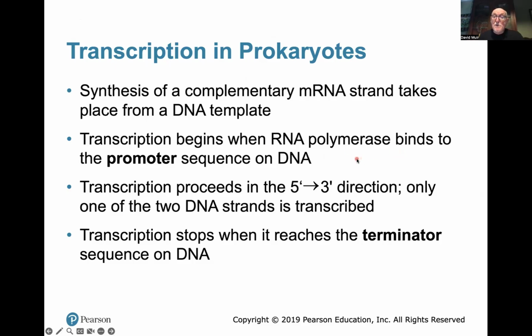The transcription begins when RNA polymerase binds to an area of the gene, and the polymerase then goes on to produce a matching strand, not of DNA, but of RNA. Now that takes place in the 5' to 3' direction, the same as in replication, because why? Because it's only the 3' end of the messenger RNA strand that can have bases added to it.